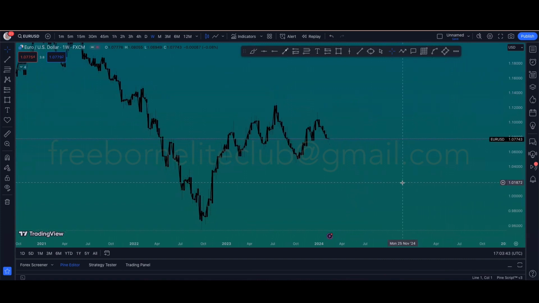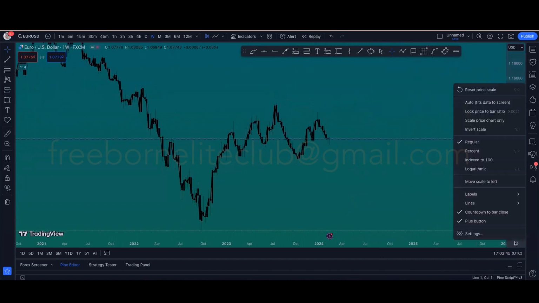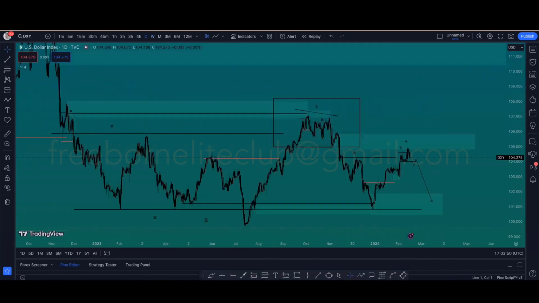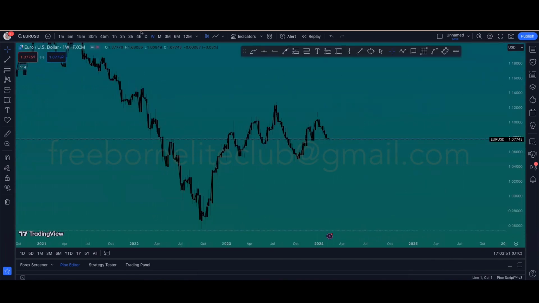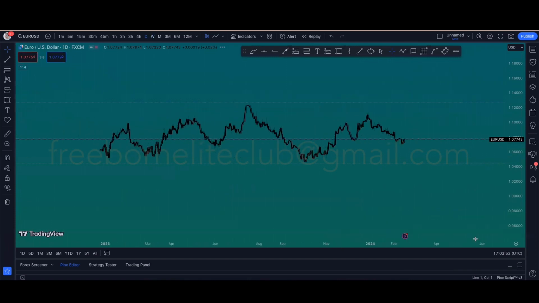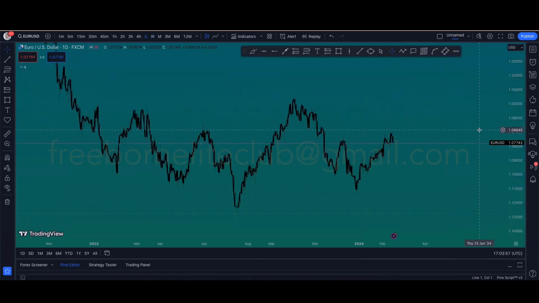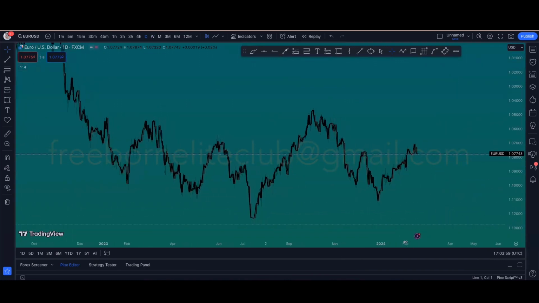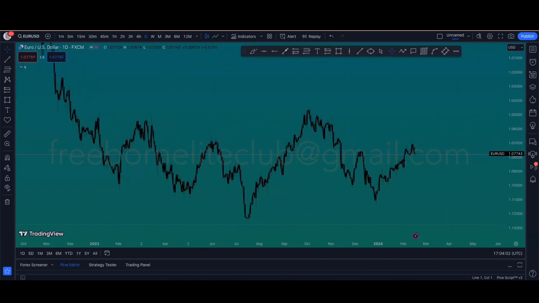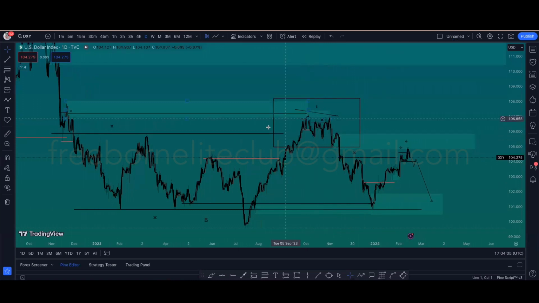Now, if you look at the Euro USD, this is not inverted. I need to invert one of them. This is weekly. Okay, let me go to daily. No, it's not inverted. Now I'm going to invert it. Cool. Now it's inverted. Now it's the same thing with the dollar. Look at it.